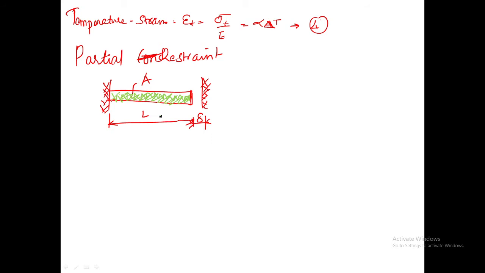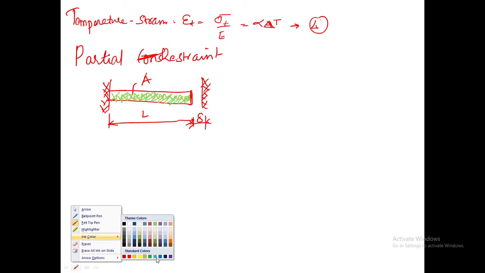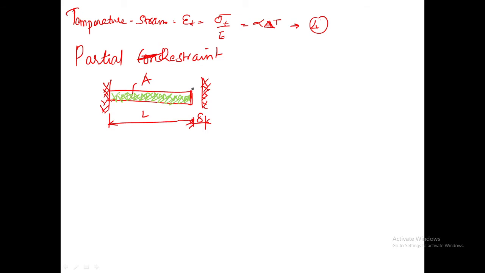Now the possible failure in this case depends entirely on the rise in temperature. One possibility is that it can come and touch the wall. If it touches, it has a chance of free expansion equal to delta L equal to delta.